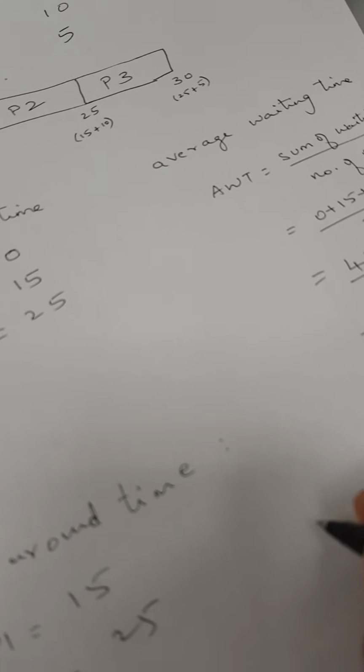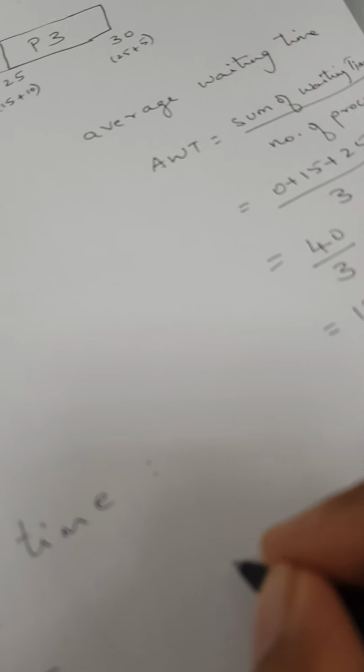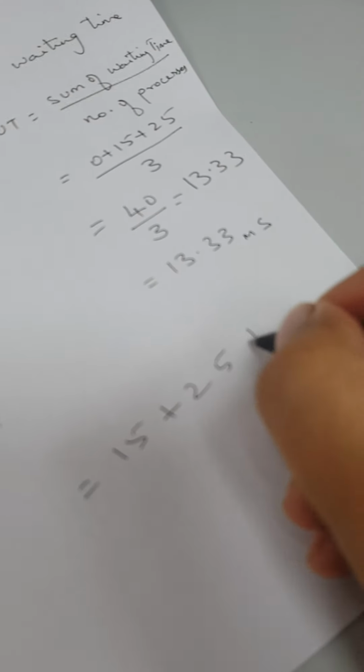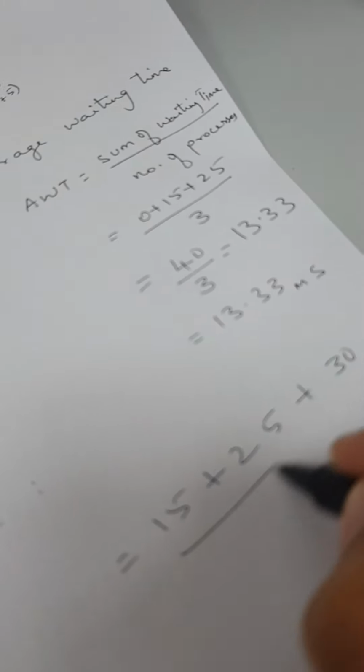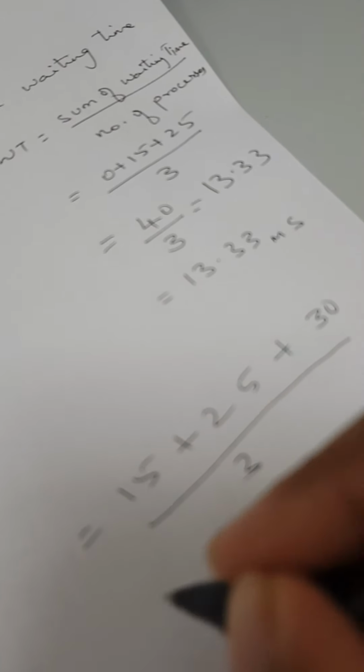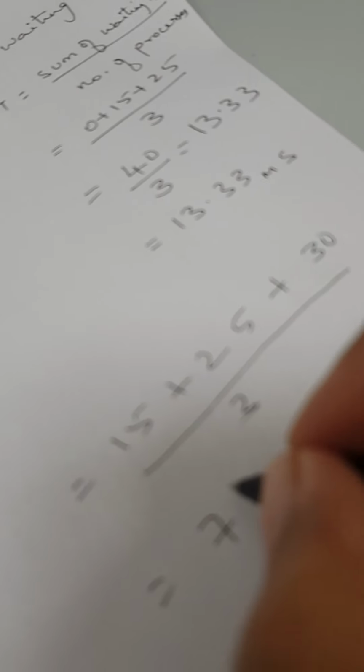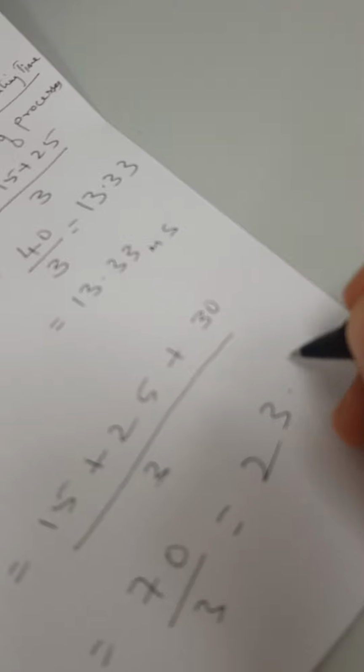So the turnaround time will be 15 plus 25 plus 30 divided by 3, which is 70 divided by 3, 23.33 milliseconds.